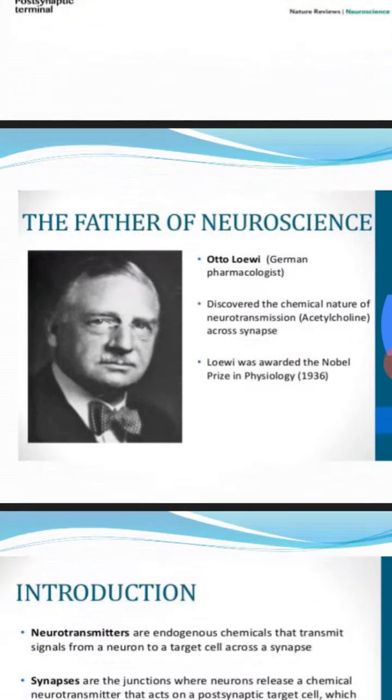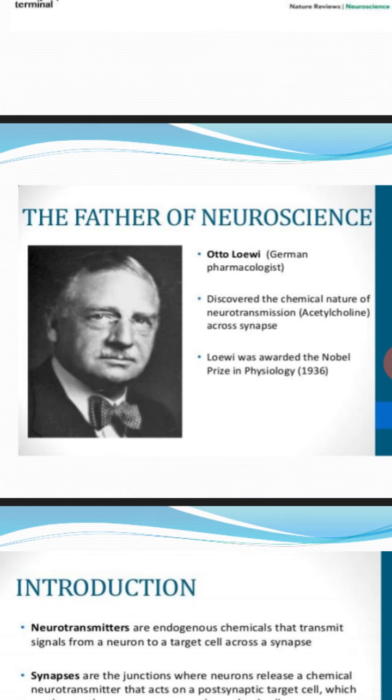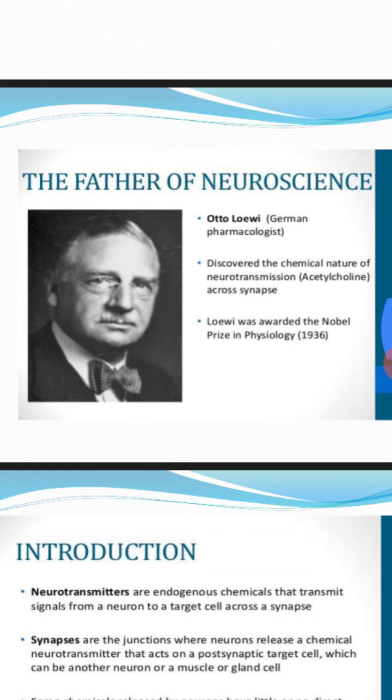Now I am going to explain neurotransmitters. This is also very important. The question is asked, what are neurotransmitters and their role? They are endogenous chemicals that transmit signals from a neuron to a target cell across a synapse.